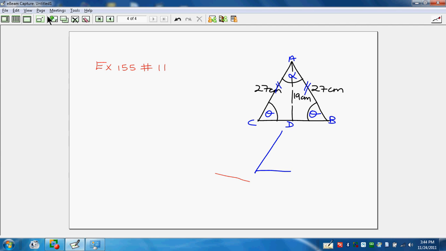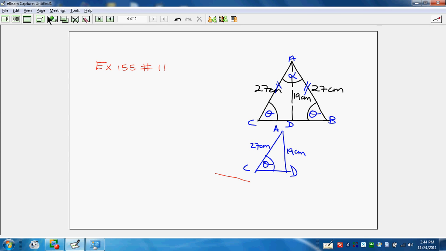So if we isolate that triangle ACD, we call here A, here C, and here D, we'll have angle theta. We'll have 27 centimeters as the length AC, and we'll have 19 centimeters as the length AD.